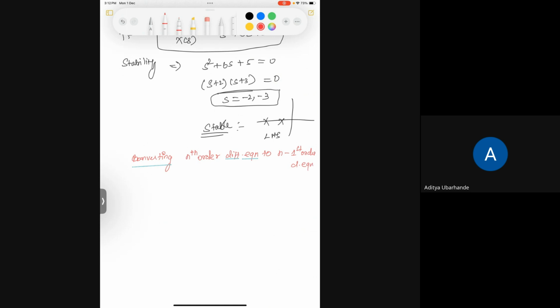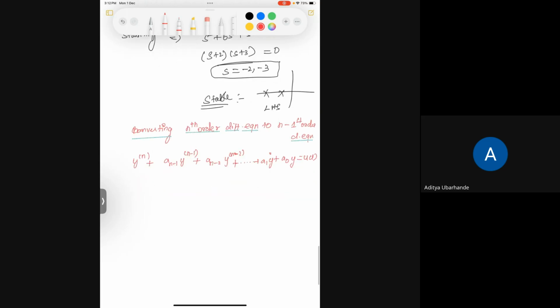For example, if you have y power n plus a n minus 1 y power n minus 1 plus a n minus 2 y power n minus 2 until plus a1 y dot plus a naught y equal to u of t. So here what we got is y double dot plus 5 y dot plus 6y equal to 5x of t.